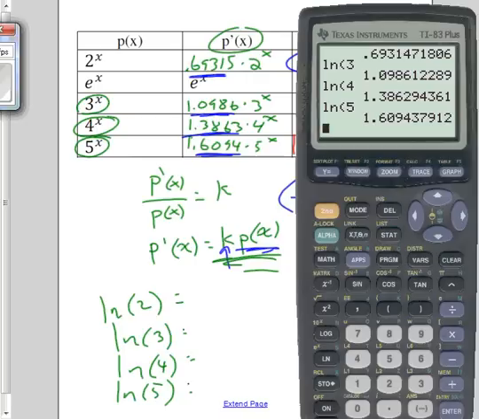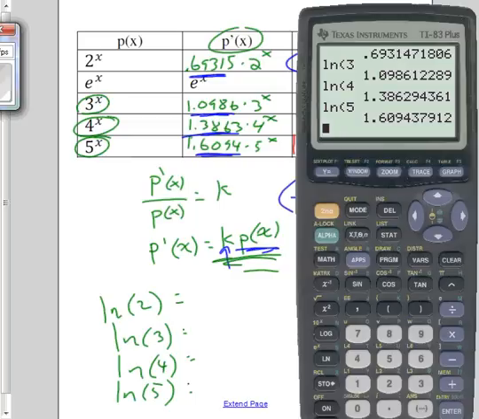All right, so up here I have the ln values that I just asked you to find. ln2 is kind of cut off, but here is the ln2 value. Here's ln3, ln4, ln5. Those should look kind of familiar. So now this is not a formal proof, but what we should now be able to conjecture is the relationship between an exponential and its derivative.